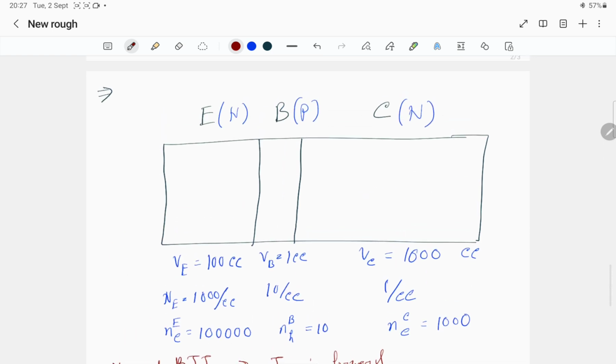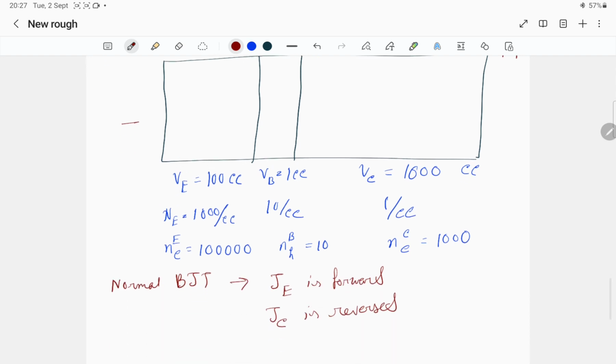So that means this would be negative and base would be positive. And if we talk about the collector junction, then the collector would be more positive than base. That is how you are making it reverse bias, right?